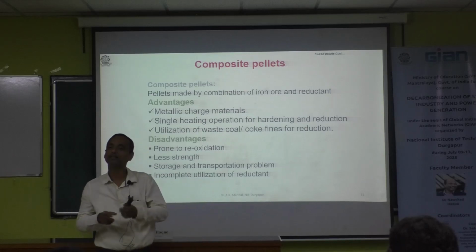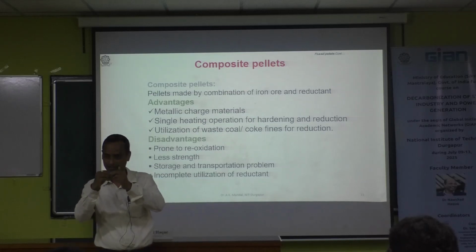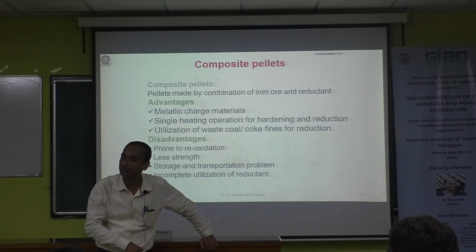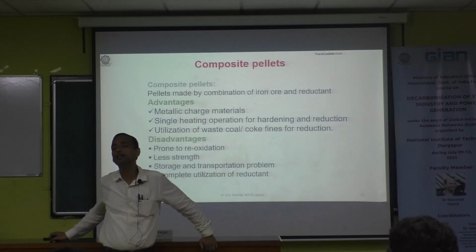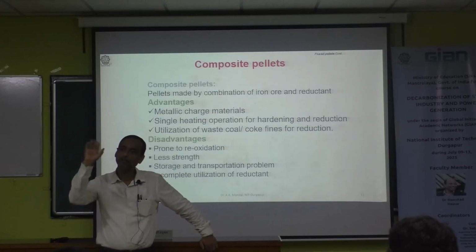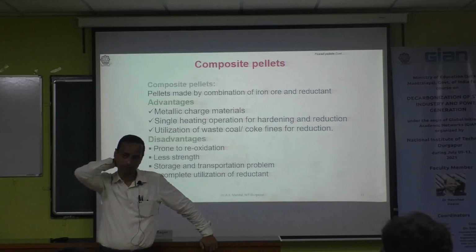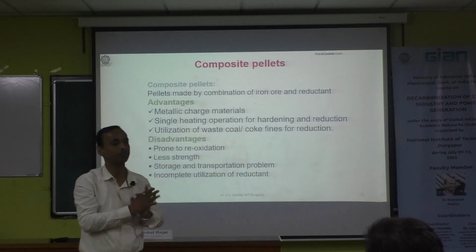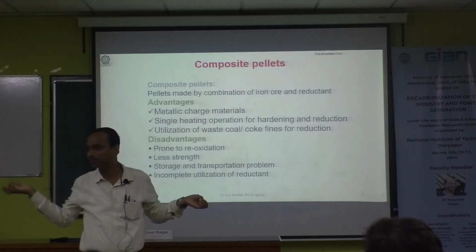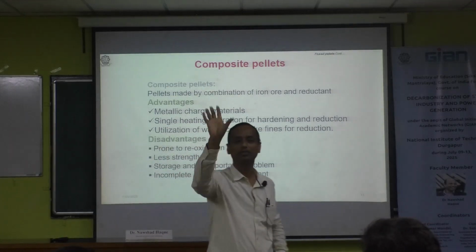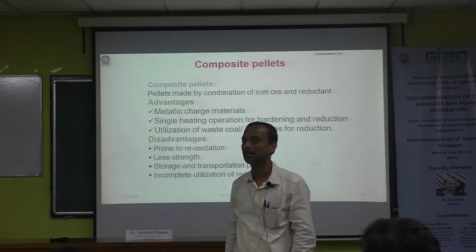But composite pellet means in situ reaction will be there. Although in situ reaction will be there, there is incomplete utilization of the carbon reductant. Because carbon will react first to form carbon dioxide. The carbon dioxide will be kept inside the pellet, and it will try to escape out. So suppose 40-60% carbon is utilized.